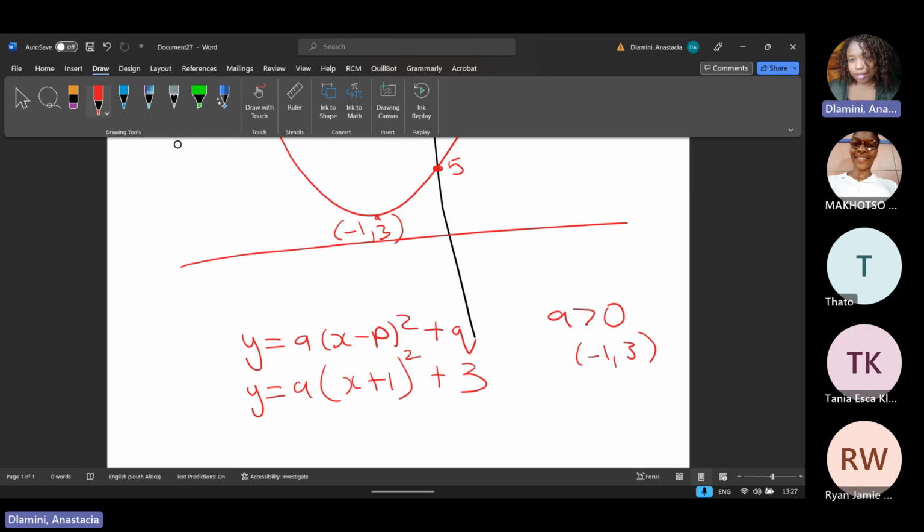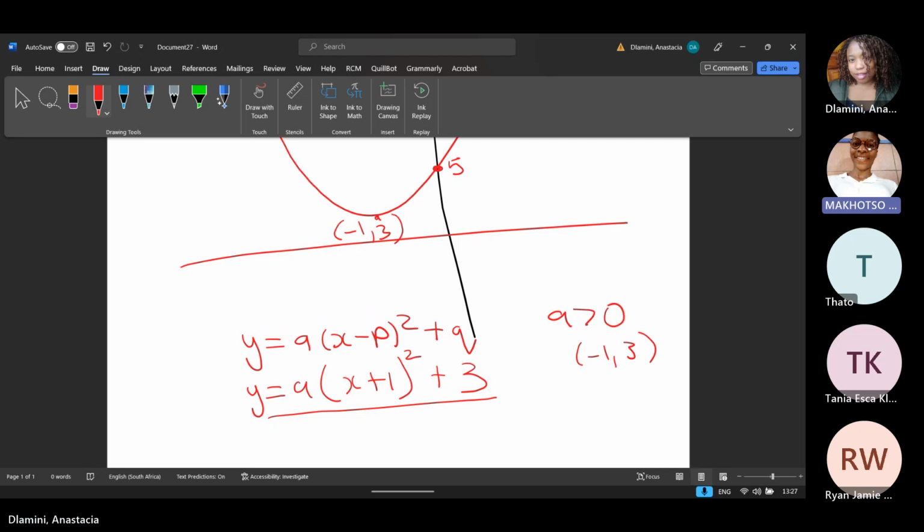Don't factorize. What are we looking for now? We are missing something. The coordinates, ma'am. Are we done when we are here? No, ma'am, we are not done.